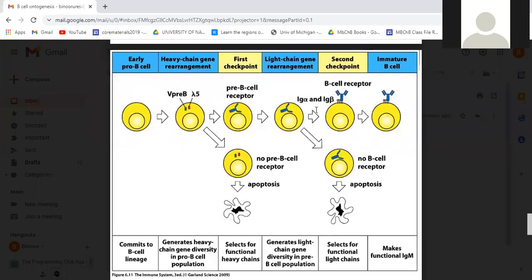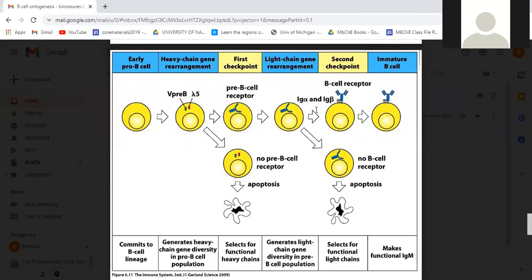So the next level is the rearrangement of the light chain, which now gives rise to immunoglobulin alpha and immunoglobulin beta chains that are formed. And this one also has to go to the second checkpoint, whereby the B cell receptor has to be checked whether it's properly developed.